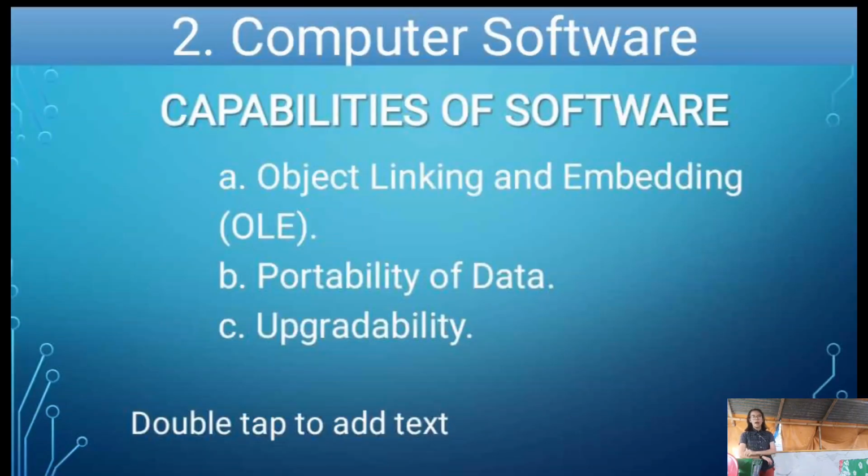Next, what are the capabilities of software? What does it mean if they are capabilities? It means they have the potential, right? The first capability of software is object linking and embedding, or OLE. It allows information to be shared between applications.